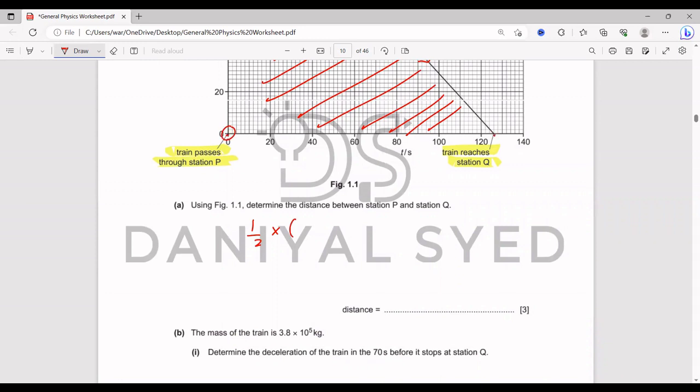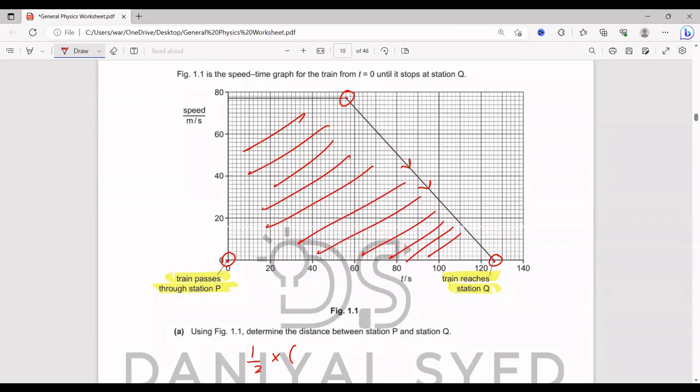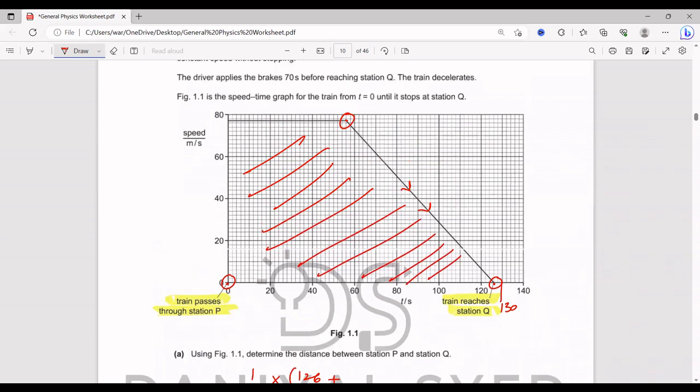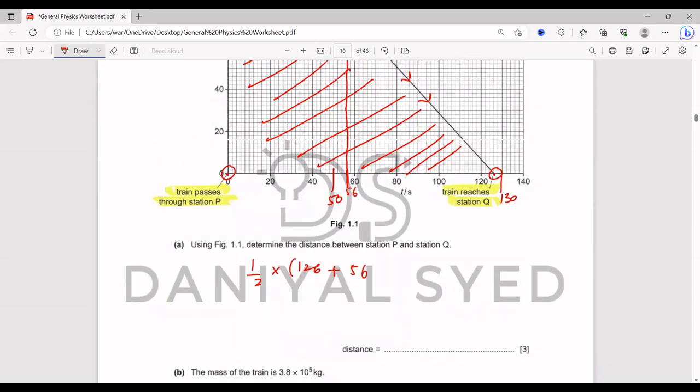One parallel side is 126, and the second length is 56, times the height.